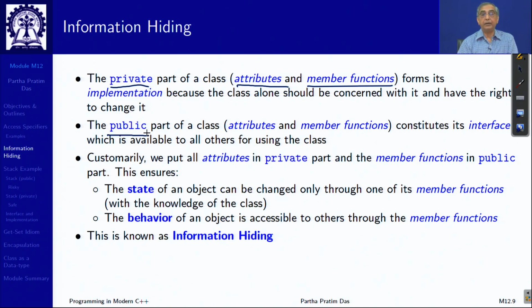That is the public part. The public attributes, if I choose to keep some data members as public, and public member functions constitute the interface, which is known, available to anyone outside this class and can be used to get the service from the class.